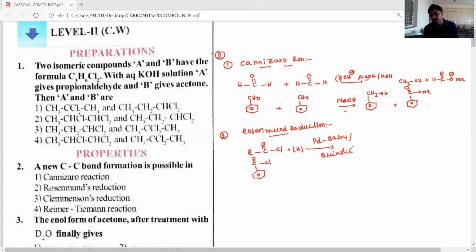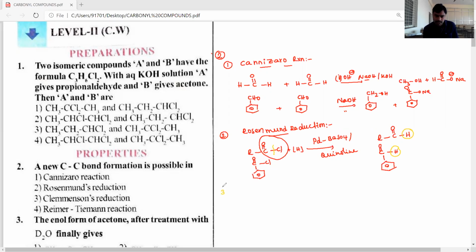The acyl chloride COCl group is converted into an aldehyde, CHO. This benzoyl chloride is converted into benzaldehyde. In this chlorine's place, what came, dear students? A hydrogen atom came. There is no new carbon-carbon bond. A new carbon-carbon bond is not formed in Rosenmund reduction as well as in Cannizzaro reaction.